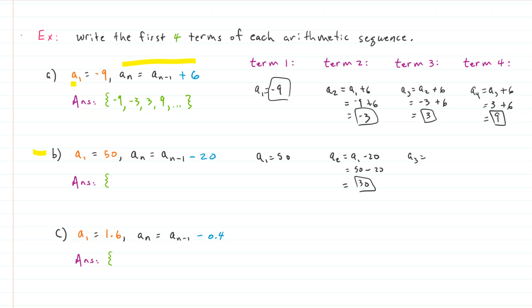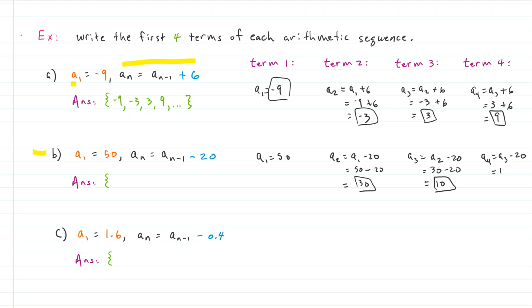A sub 3 is a sub 2 minus 20. And a sub 2 is 30. Minus 20 gives us 10. Great, we have one more. So a sub 4 is a sub 3 minus 20.